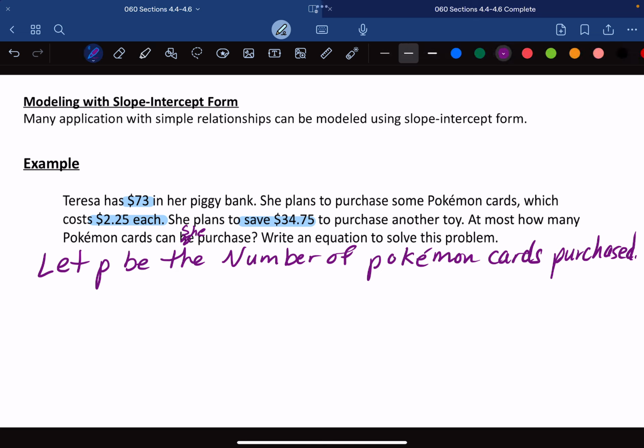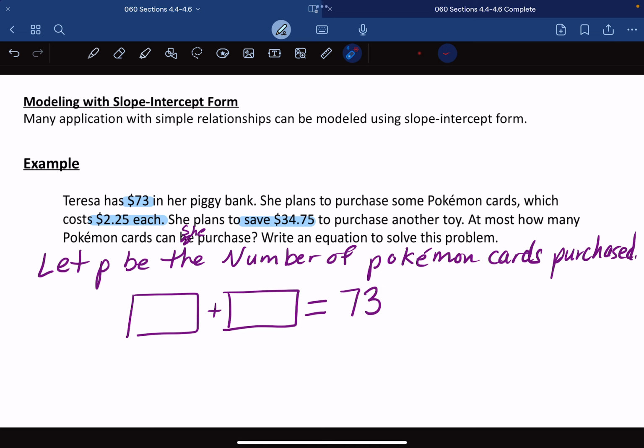And I'm pretty visual, so I like to start with a somewhat visual representation. When I can draw a picture, it's helpful. This is not like a geometry type draw a picture thing, but I can visualize this a little bit. If I think about a piggy bank, so we know there's $73 in the piggy bank, and that piggy bank has two different things that we're trying to deal with, right?